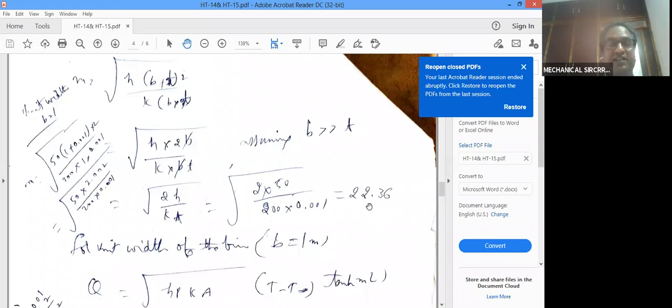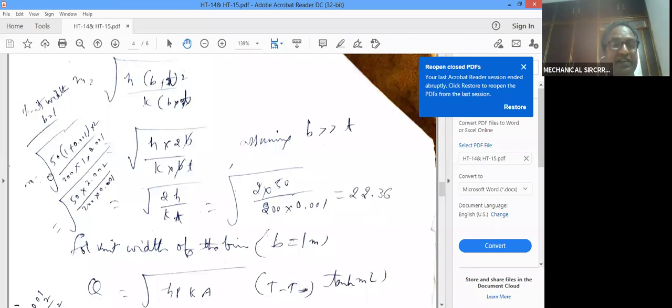22.36. Here I have calculated in another way also. Unit width b is equal to 1 meter. After that you have to substitute the values of h 50, b value 1 meter plus t value 0.001, into 2, divided by k value 200 divided by b equal to 1 meter into thickness value 0.001.